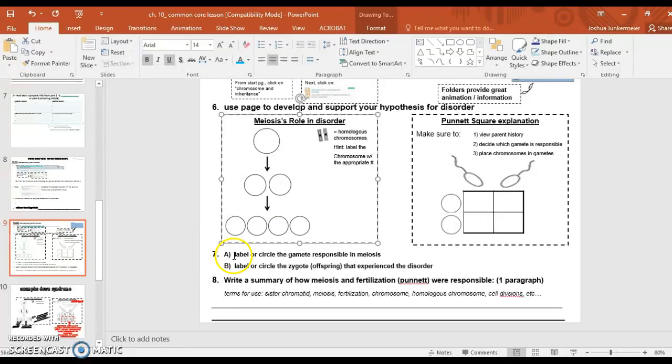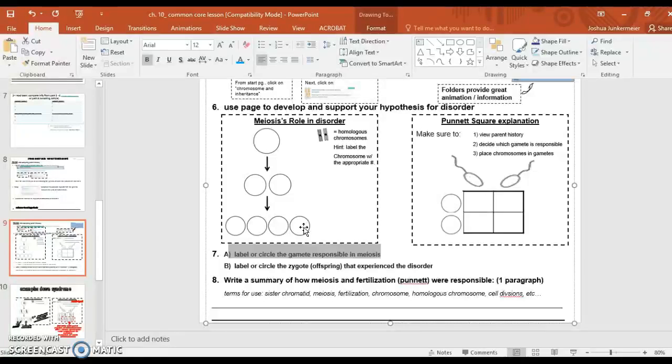Once you get that sorted, you're going to label and circle the gamete responsible for producing the syndrome. So one of these eggs or one of these sperm, now remember, you got to blame a parent. So you decide, was it mom or dad that probably had the chromosome issue during meiosis? So go back and read the family history, and you'll find that one parent probably had something going on more than the other, whether it was age or if they smoked.